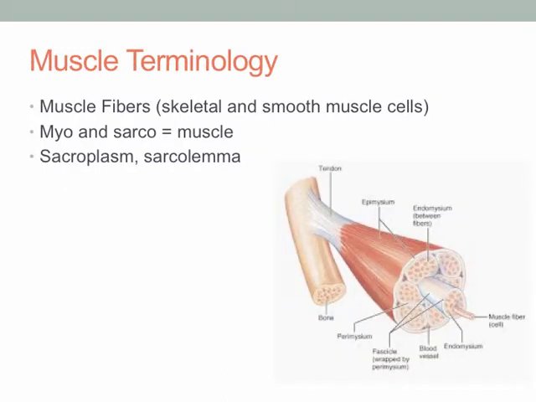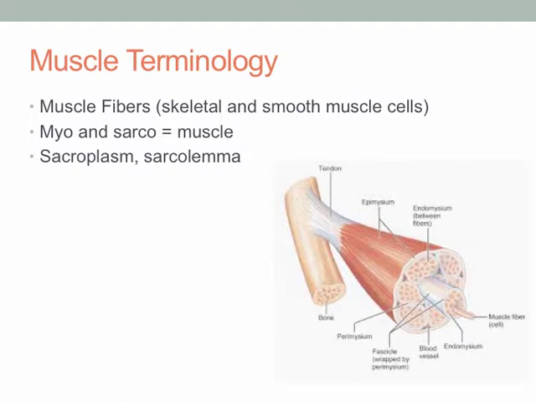Okay, so before we really dive in, you guys need to learn a little bit of terminology. The first thing is what a muscle fiber is. So the word fiber in this case is a synonym for a skeletal or a smooth muscle cell. So there are skeletal muscle fibers and smooth muscle fibers.